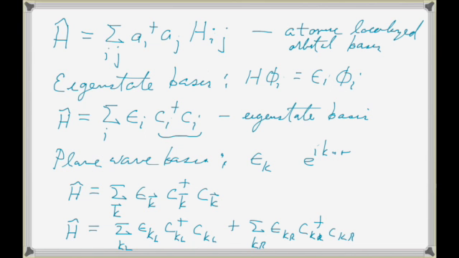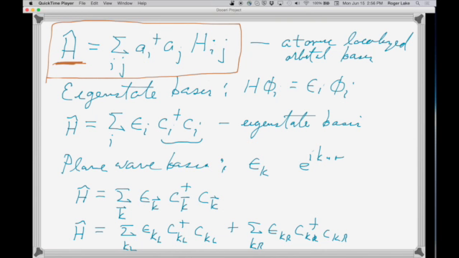Our Hamiltonian operator in the second quantized representation is simply this, where Hij are your usual matrix elements that we've been working with since 208, and the ai dagger aj are your operators. And if you can write it like this, it's just quadratic in the operators, and it's a single particle Hamiltonian.